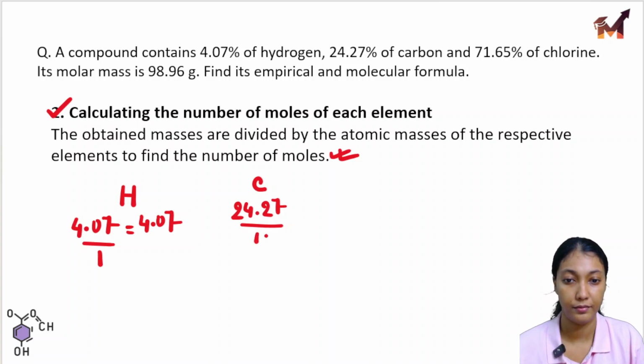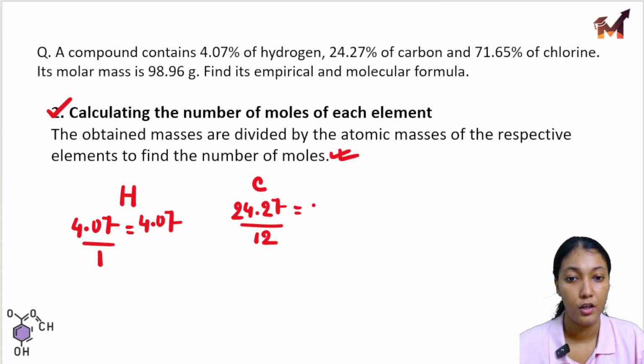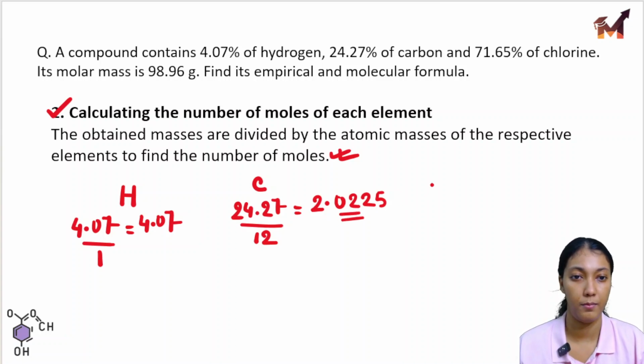It is 12. It will come out to be 2 point something because 12 2s are 24. So if you calculate, it will be 2.022. So this will be the value. We will just consider up till 2 decimal places. That will be okay, not a problem.